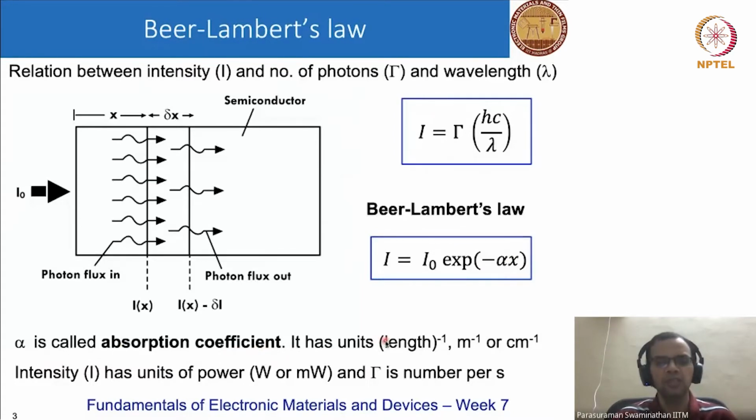It has units of length inverse, which is either meter inverse or centimeter inverse. More importantly, alpha also depends upon the wavelength of light that is incident on the material. As I mentioned earlier, intensity has units of power. Some people also use power per unit area, and gamma, which is the number of photons, is usually per second.